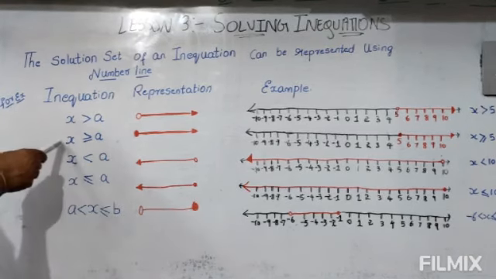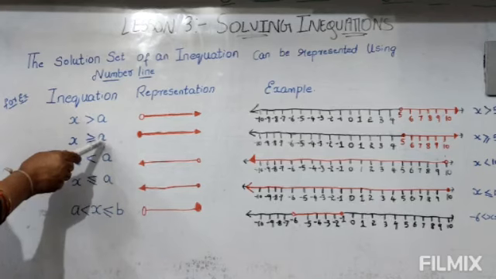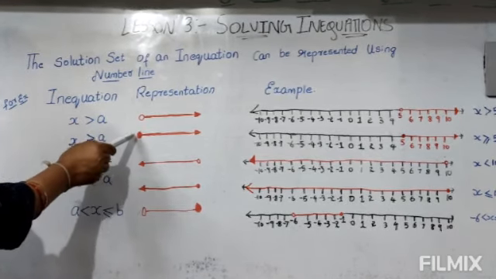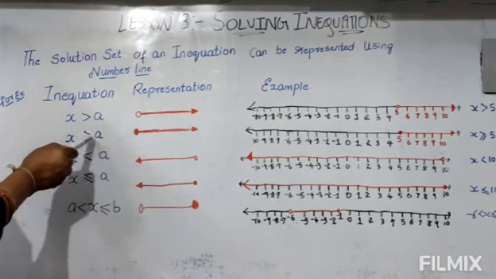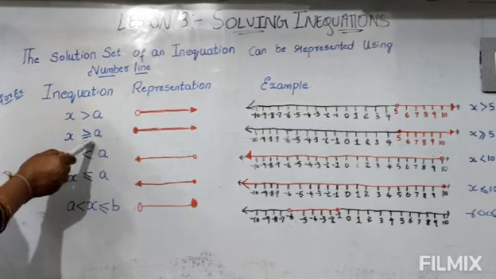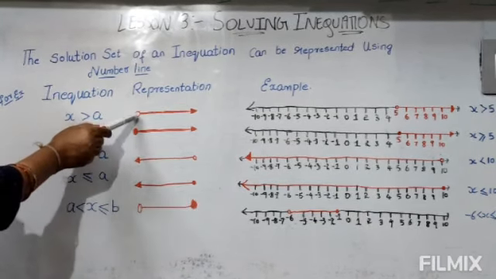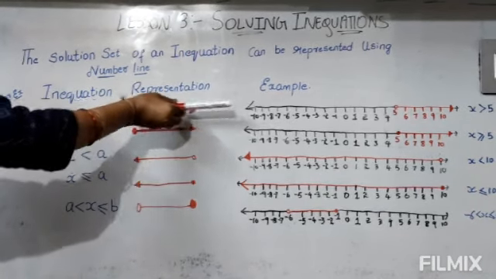Next one, x is greater than or equal to a. Here it is represented by a darkened dot, because both greater than and equal to are there. Here only greater than is there. Can you see the hollow circle for greater than, and it shows the direction towards the right side?